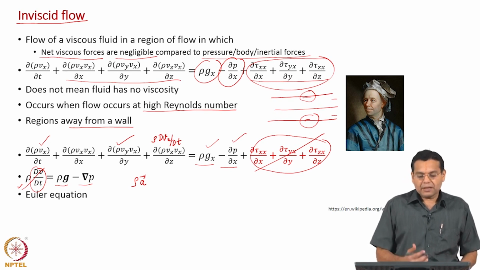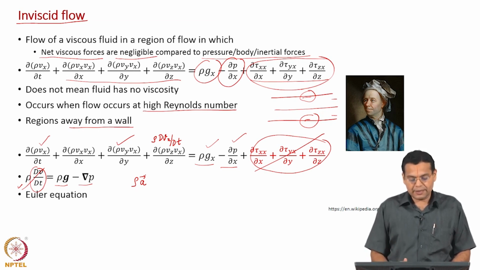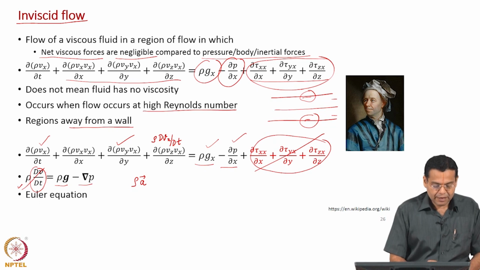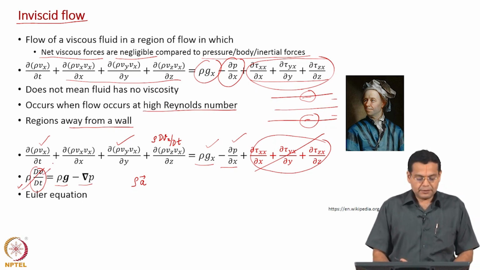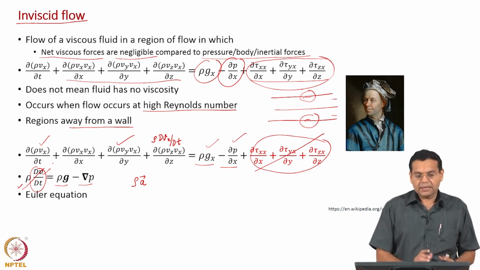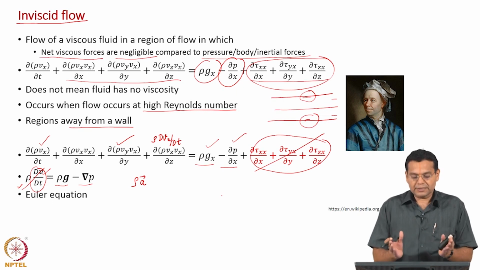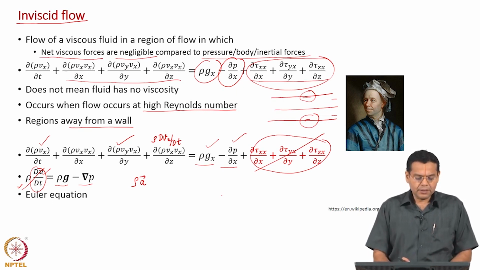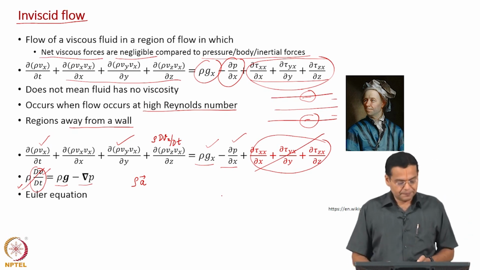Now, we are not considering the fluid to move as a rigid body, it can have velocity gradients as well, and that is why we have the full form of the substantial derivative, namely the rho dV by dt term on the left hand side. So, that is a gradual evolution from our simple fluids at rest case to fluid under rigid body motion to inviscid flow, okay.